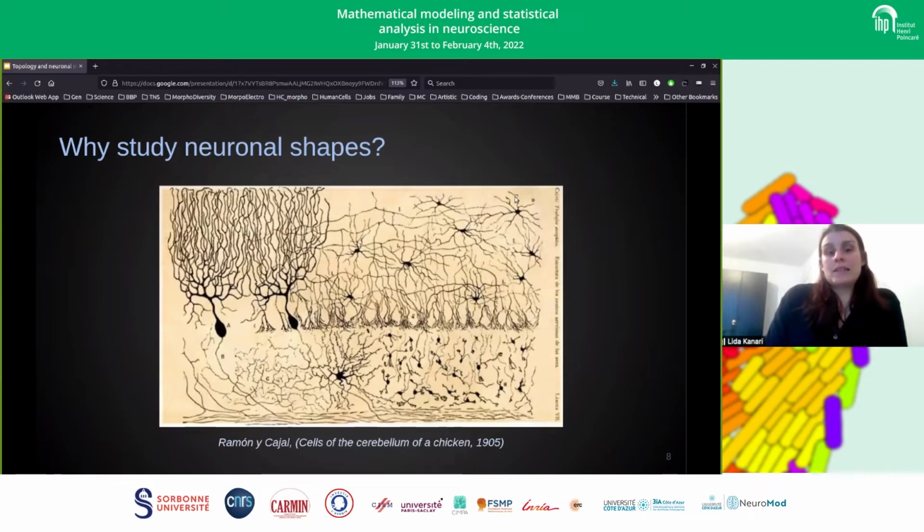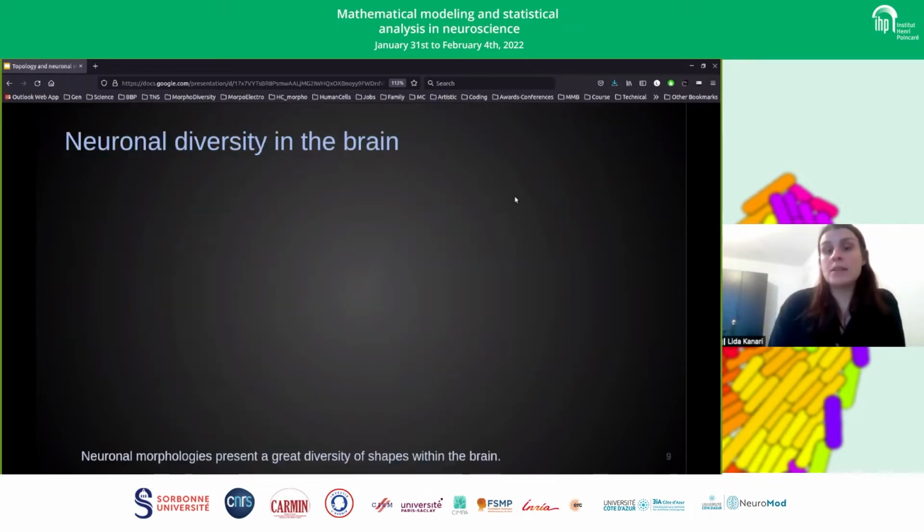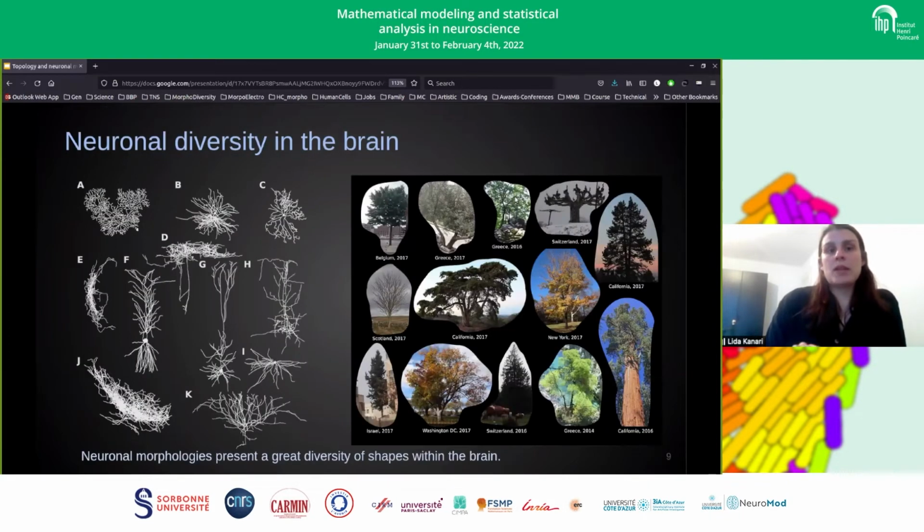And here is a very nice sketch, which is probably one of the first representations of neuronal morphologies by Ramon y Cajal. And that's how he started studying, looking at the morphologies and drawing them by hand. And now we are more at the stage where we can have digital versions of these morphologies.